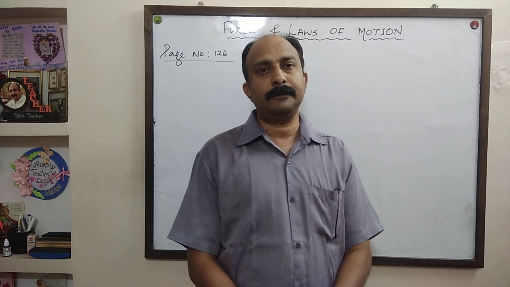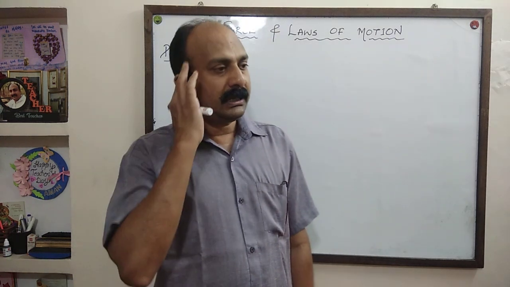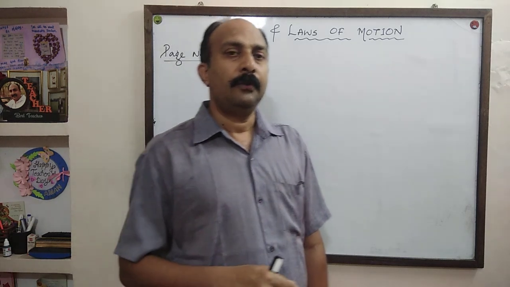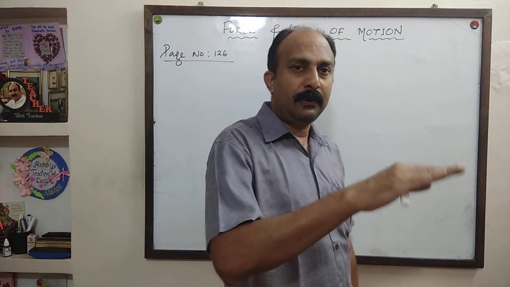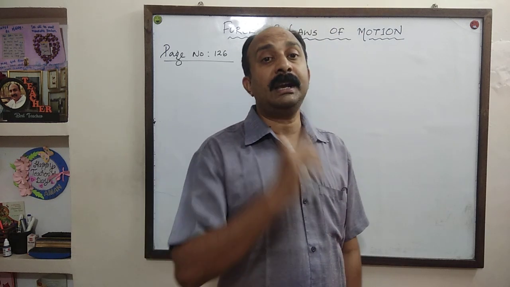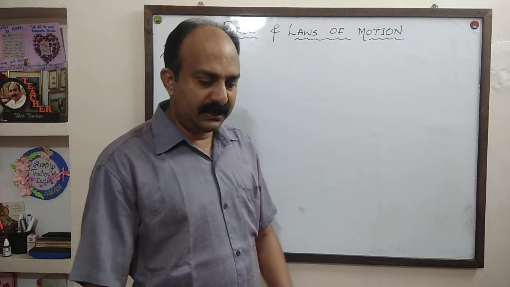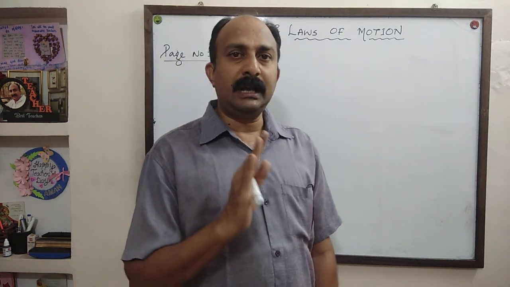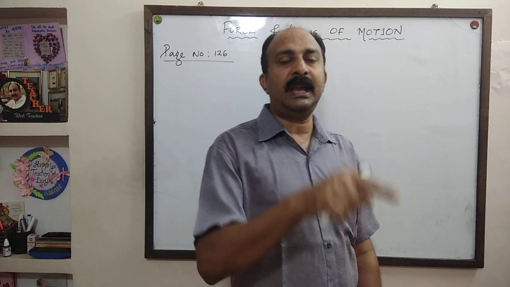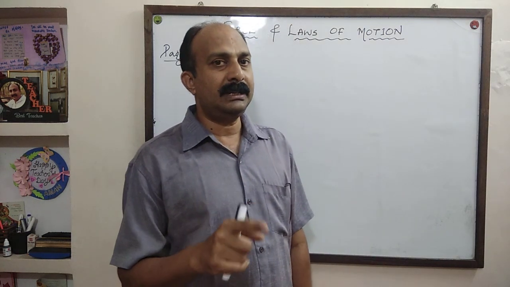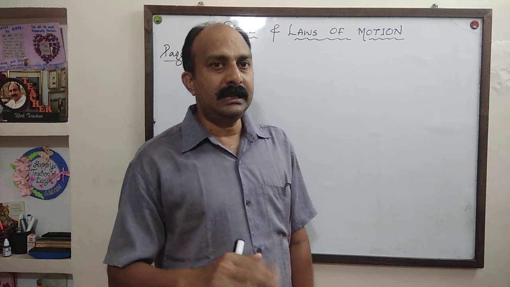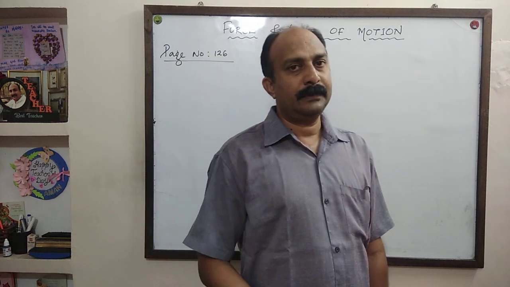Take this example. A horse can pull a cart. How? Actually, the horse is pushing the ground backward. That is action. When the horse is pushing the ground backward, the ground is pushing the horse forward. That is reaction. So action is acting on the ground, reaction is acting on the horse.